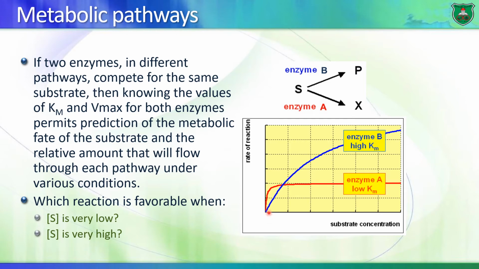Because at this concentration, here's the rate of the reaction for enzyme B, and that's the rate of the reaction for enzyme A. So when the substrate concentration is very low, this reaction S to X is favored. But when the substrate concentration is very high, then in this case, it's the other reaction that is favored. The reaction catalyzed by B goes much faster than the reaction catalyzed by enzyme A.